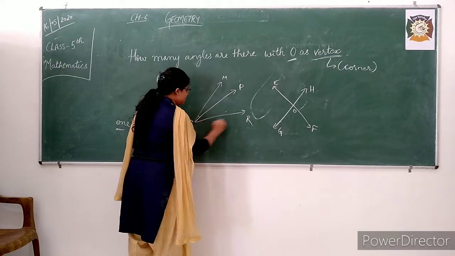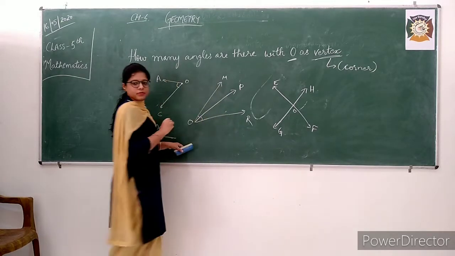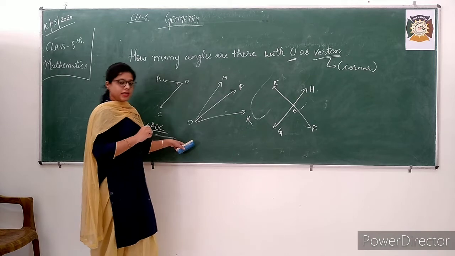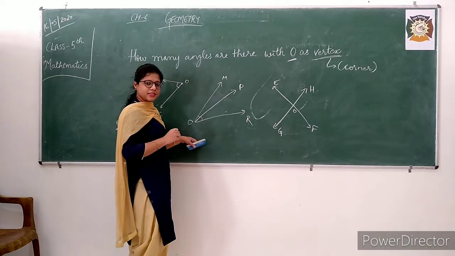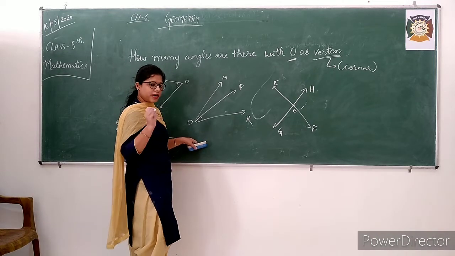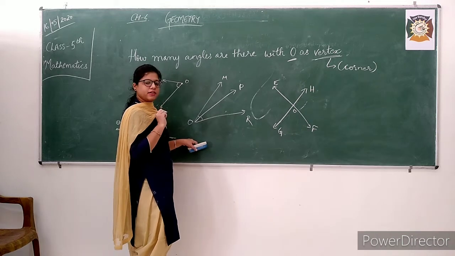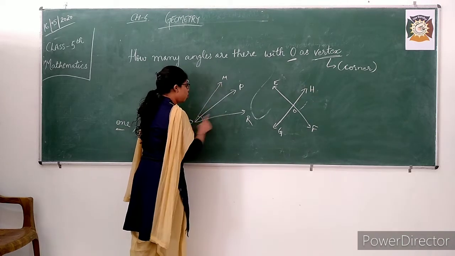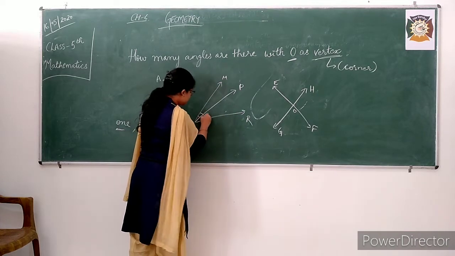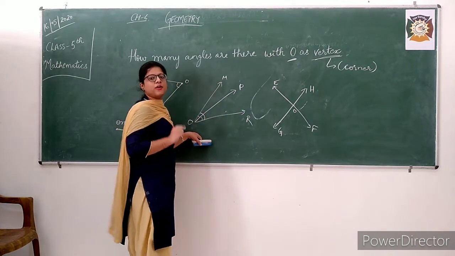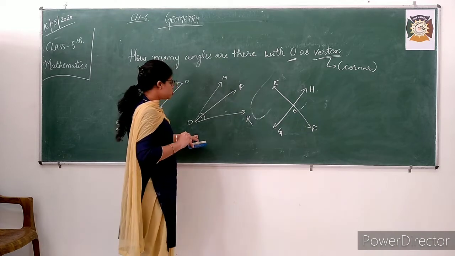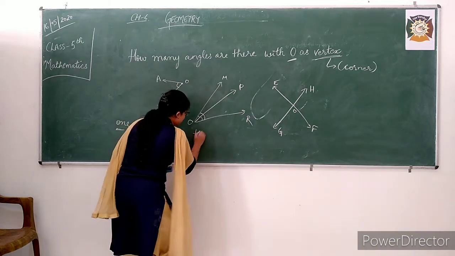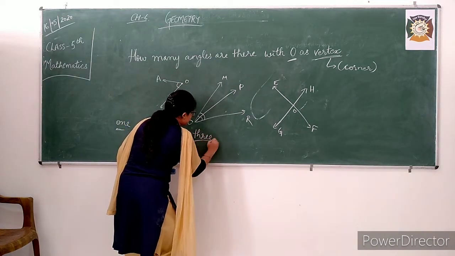Next angle is angle POR. Okay, only these two. Can you find another angle in this diagram? If you try to think, you will observe one more angle. Let me tell you what that angle is. That is MOR. This full angle is also an angle. So we are getting three angles in this diagram.